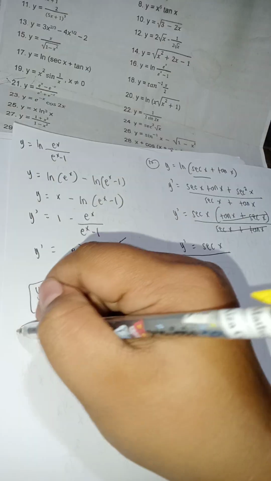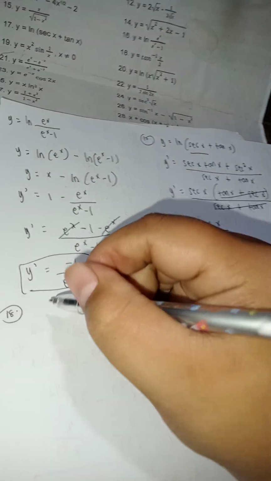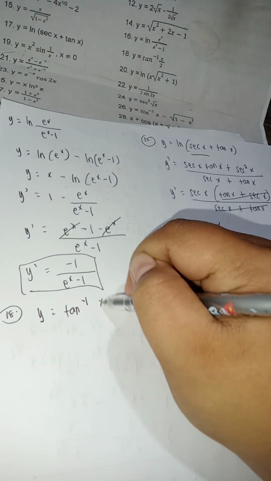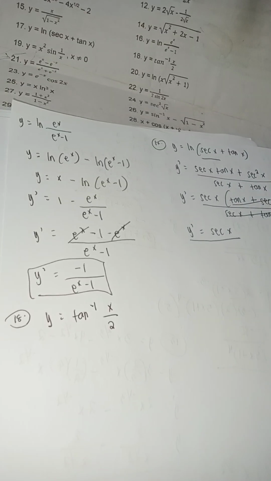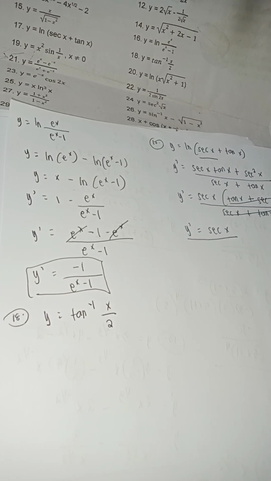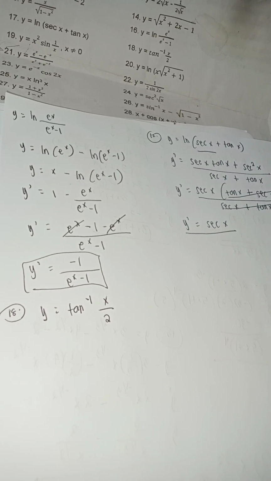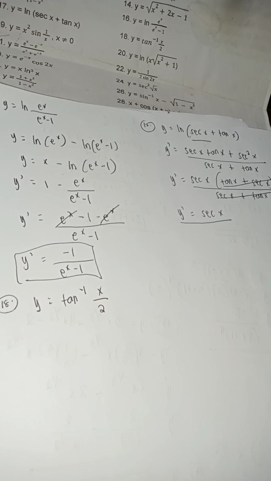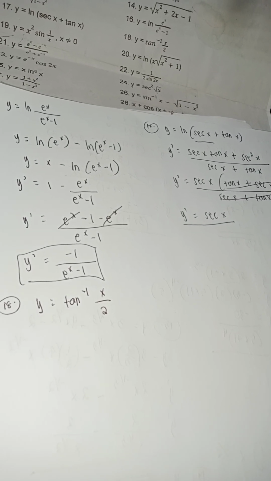Number 18. We have here y is equal to tan negative 1 of x over 2. Okay, so we are going to use the formula for tan to the negative 1 of u, which is u prime over 1 plus u squared.